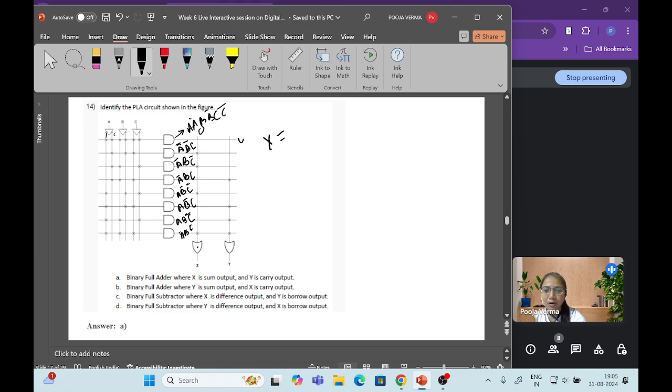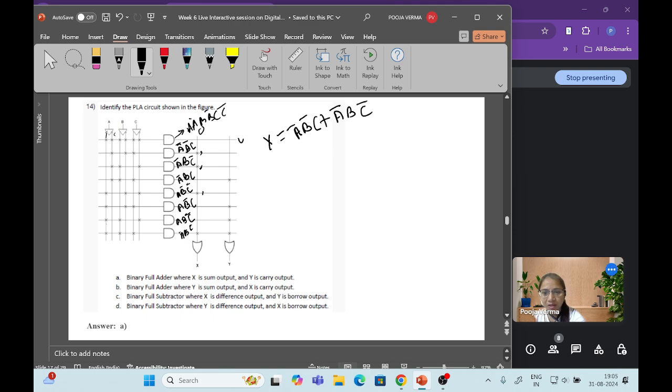Now check the OR, where it is crossed. So the first one is A dash, B dash, C. For these we add them, so plus, because we have to add all of them. Then A dash, B, C dash.